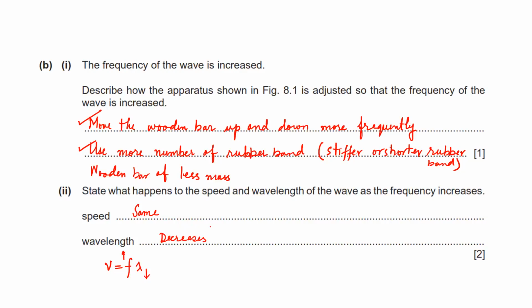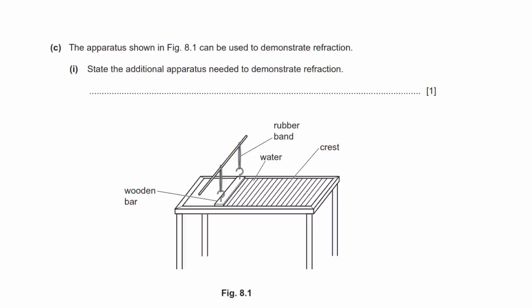Okay, moving ahead, part C says, shown below, figure 8.1 can be used to demonstrate refraction. So now we have to show refraction. State additional apparatus to demonstrate this refraction.